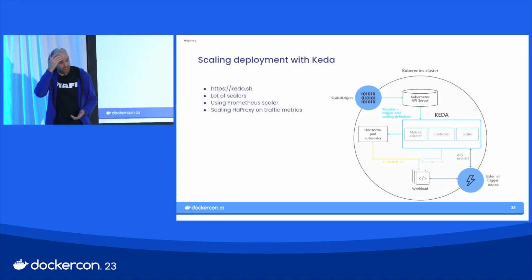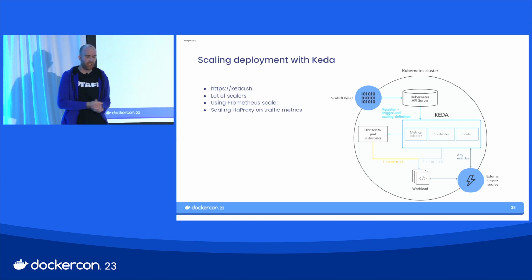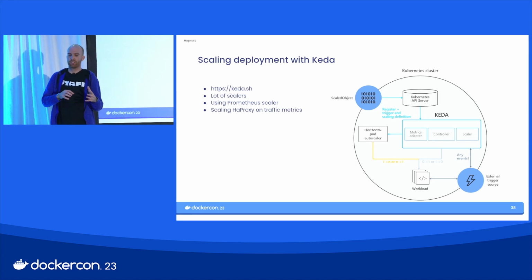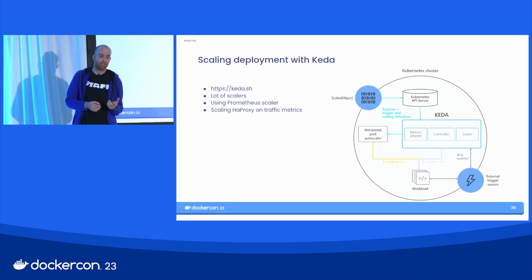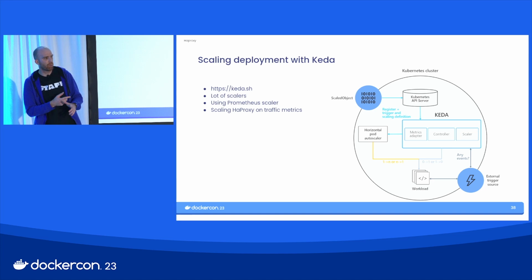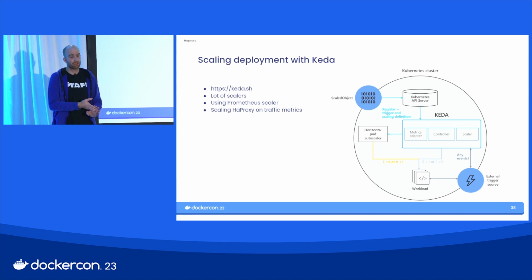So the scaling is done with something called KEDA. We want more information, keda.sh. Everything is there. We are using KEDA because we can have more ways of scaling the replicas instead of the basic HPA, or horizontal pod autoscaler of Kubernetes. By default, the HPA can scale only on CPU and memory, and with KEDA, we got other scalers.